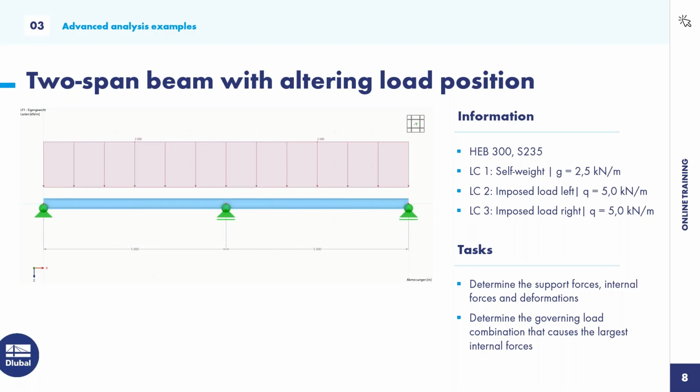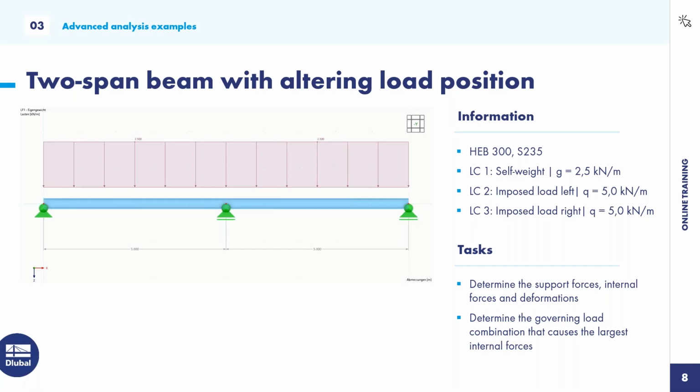In this case, we shall model a two-span beam, now a steel section, HEB 300, with an S235 steel, and we have different load cases, so self-weight and an imposed load on the left side, and also an imposed load on the right side. And the goal is to determine the support forces and the critical internal forces and deformation for the combination of loads that we apply here.